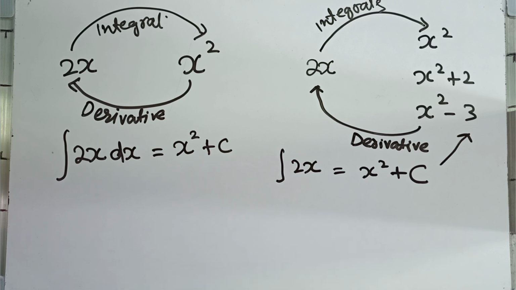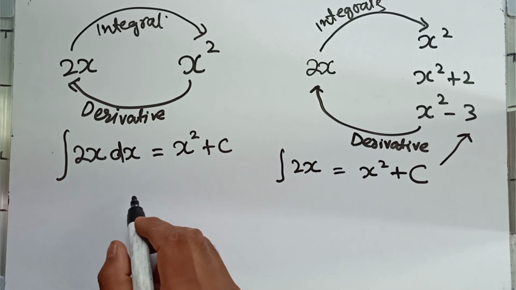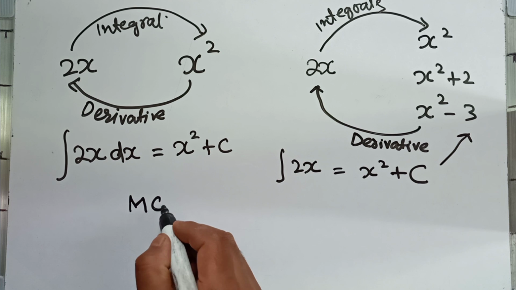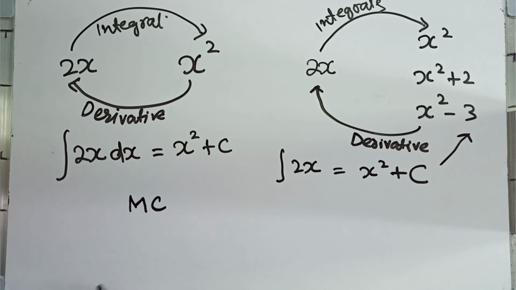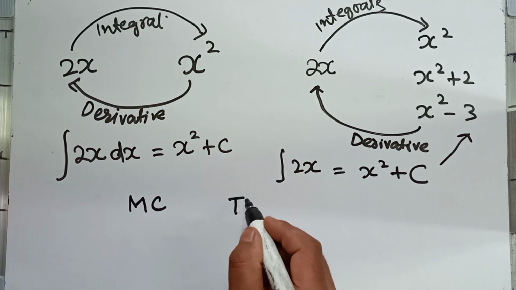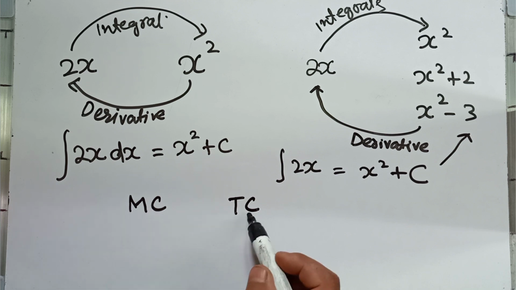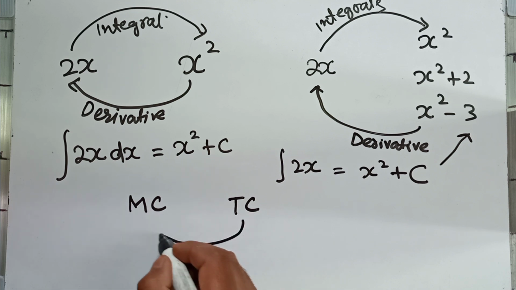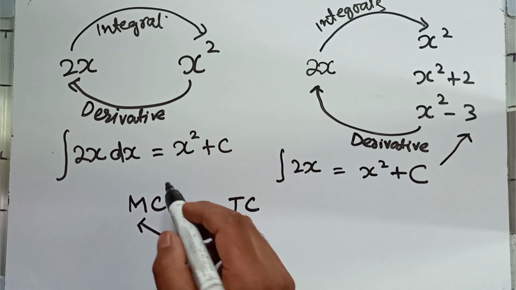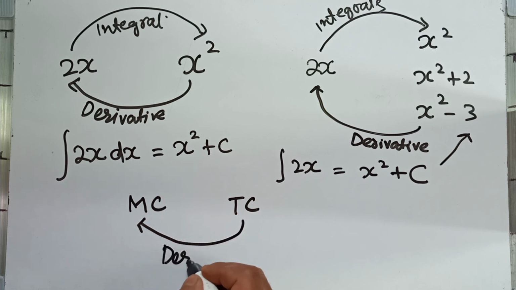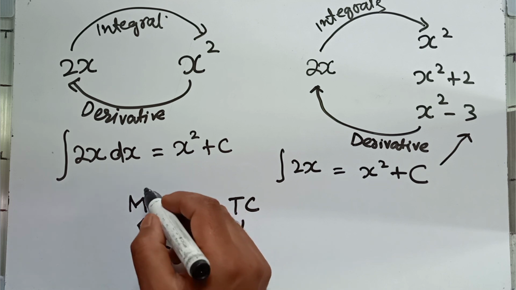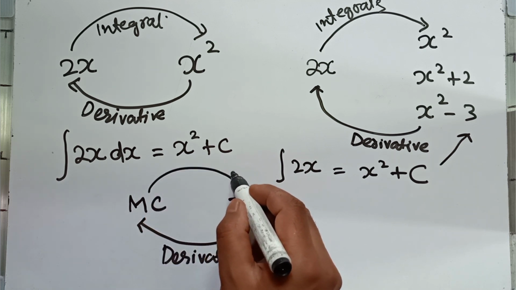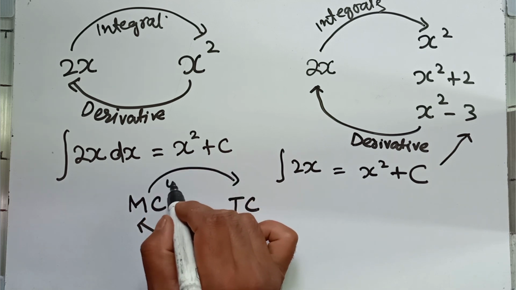Now in economics, if we have the marginal cost and we have the total cost, the derivative of total cost is marginal cost, and that is derivative, and the integral of marginal cost is total cost.